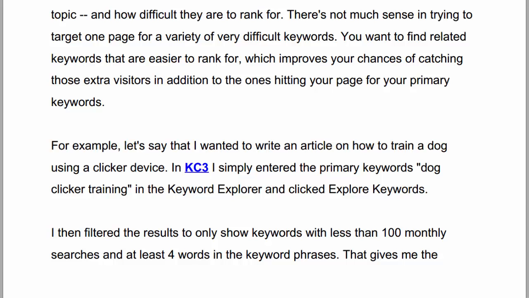For example, let's say that I wanted to write an article on how to train a dog using a clicker device. In Keyword K9, I simply enter the primary keywords dog clicker training in the Keyword Explorer and click Explore Keywords. I then can filter the results to only show keywords with less than 100 monthly searches and at least 4 words in the keyword phrases.